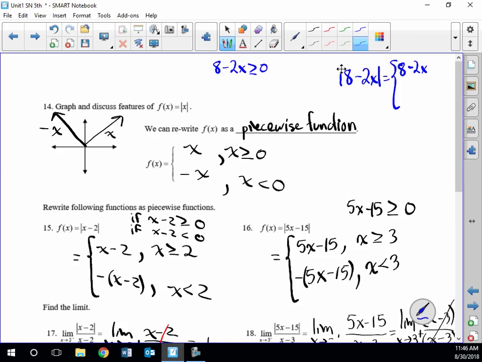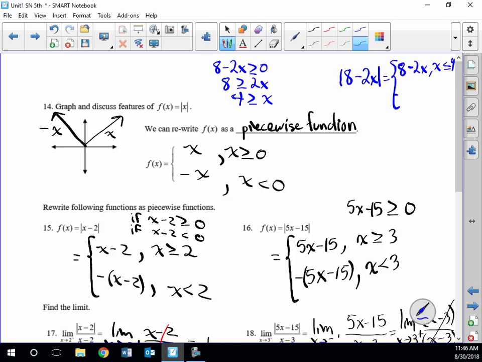So it's going to be the inside as long as the inside was positive. So let's solve for x here by adding the 2x to the other side, and then divide by 2. So we get 4. So notice it says if x is less than 4. So here it's going to be 8 minus 2x if x is less than or equal to 4.